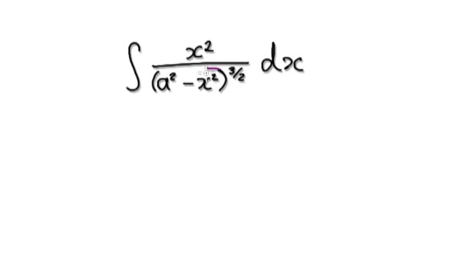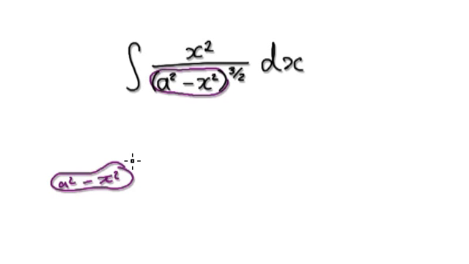Okay, so to do this, visualize this bit here as this. You've got that same thing, a squared minus x squared here. Visualize it as to the power of 1, and then times by itself.